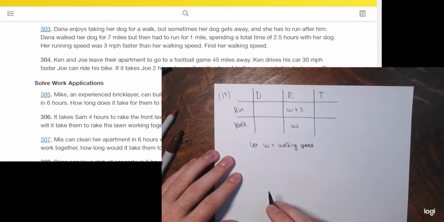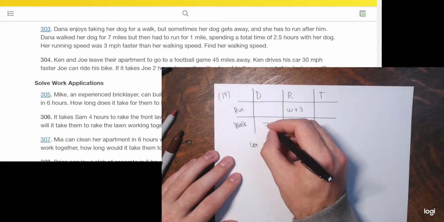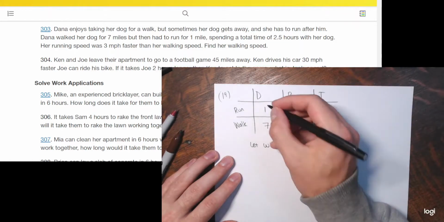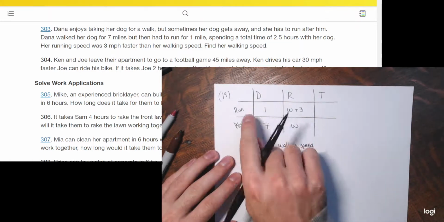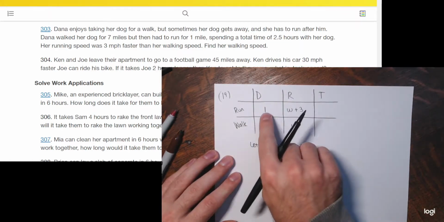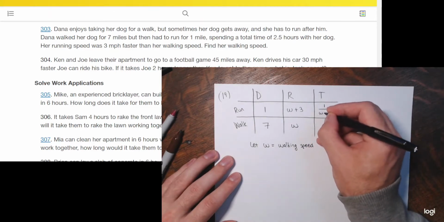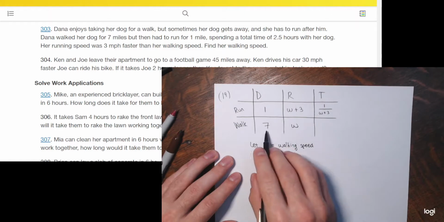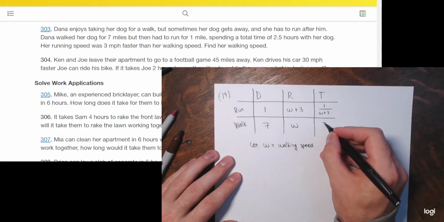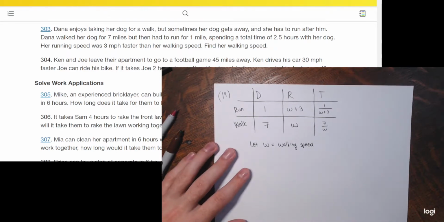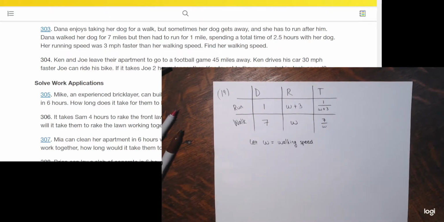And it says she walked her dog for 7 miles, so that's the distance walking, and then had to run for 1 mile. So 1 mile under distance for running. So the time she spent running would be 1 divided by W plus 3. And the time she spent walking would be 7 divided by W. And then another key bit of information was that she spent a total time of 2.5 hours with her dog.